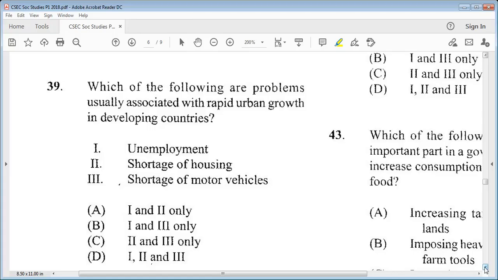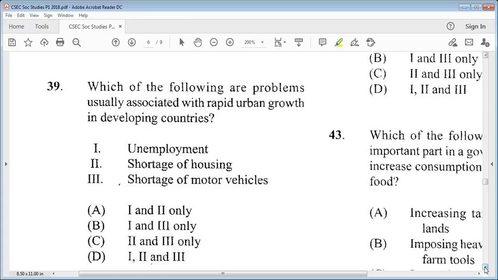Now, basically, what this question is really asking is, what are some problems that would occur as a result of migration from people living in the rural, underdeveloped areas to urban, more developed areas?